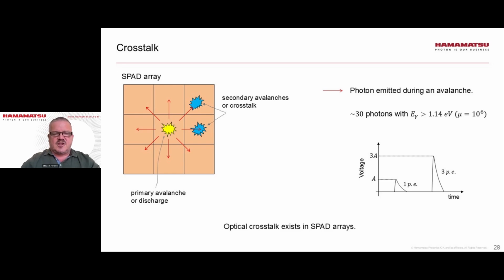This discharge is going to produce photons capable of triggering avalanches in nearby SPADs, and those are shown in blue. We have two of them. Since the transit time of photons is very short, instead of getting one pulse, I get 3 pulses from this SPAD array, 2 of which are artifacts of crosstalk.